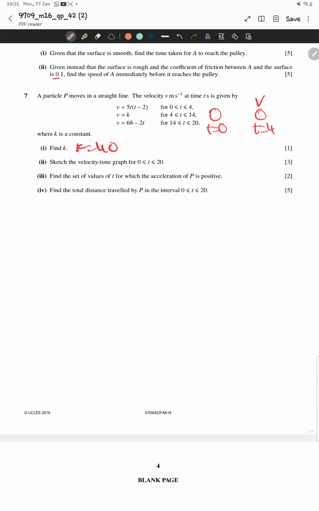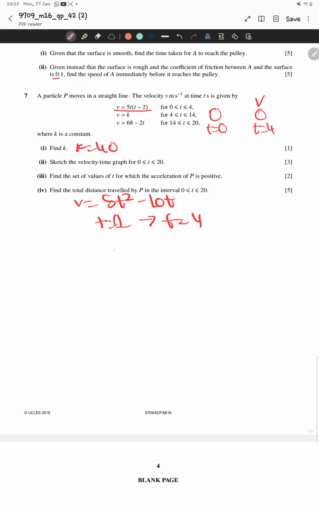So we saw that the minimum for this equation, 5t squared minus 10t, the minimum point for this is actually t equals 1. So from t equals 1 all the way to t equals 4, the thing is accelerating, right?